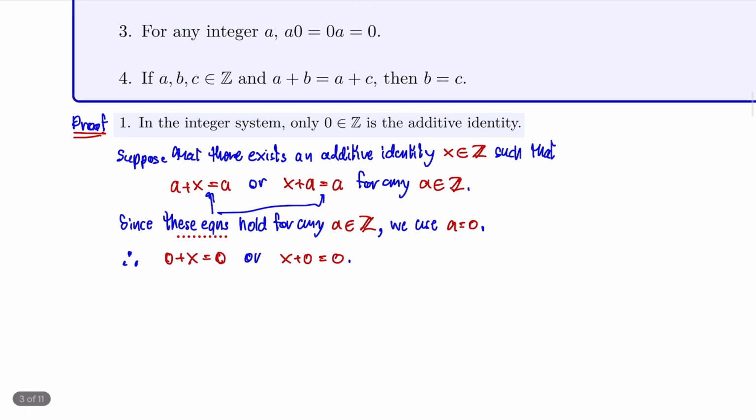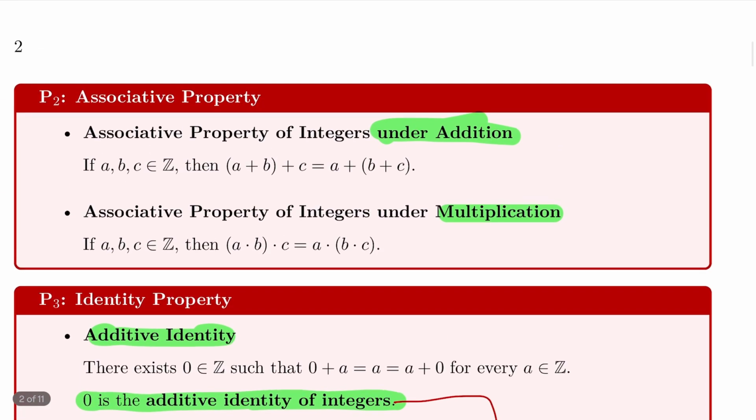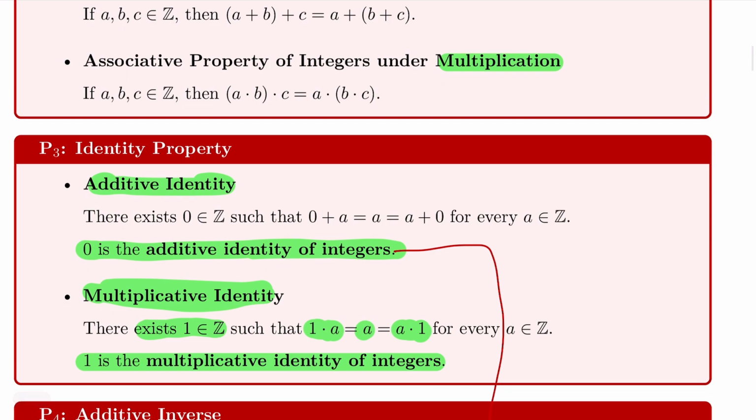Now, what can we do next? Go back to properties. Here, I want to use property number 3, which is additive identity. So we know that 0 plus a is a.